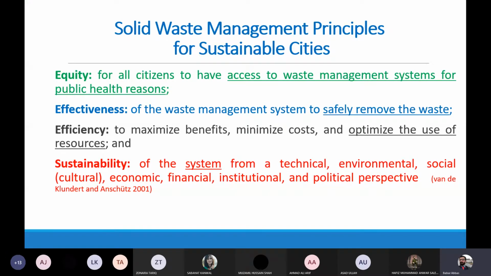Yes, they can keep a check on the solid waste management system or any other system which is being operated under their supervision. They can strengthen its sustainability in terms of policy development, in terms of further collaboration with international experts, or further improvements in the system.